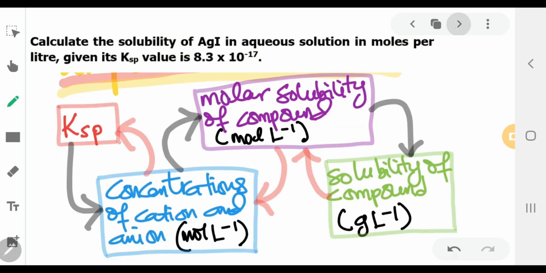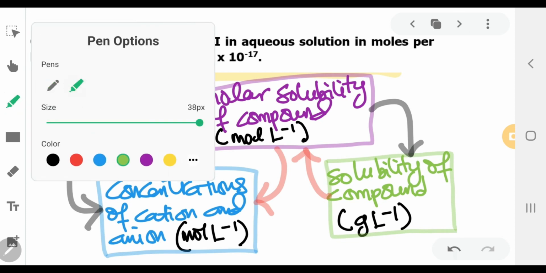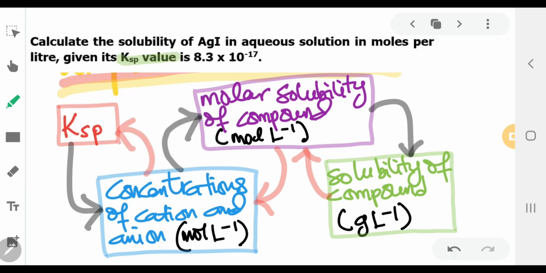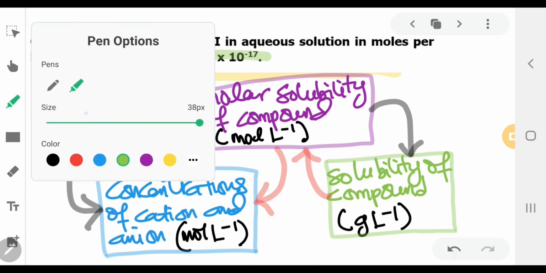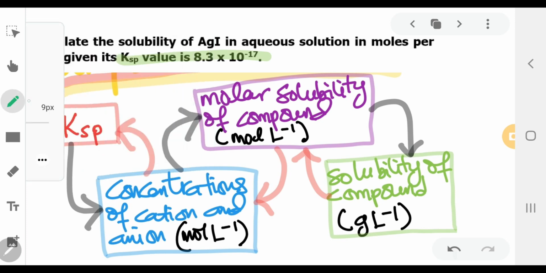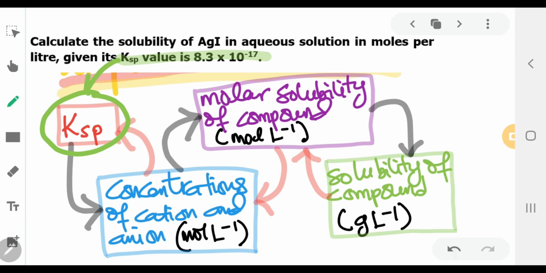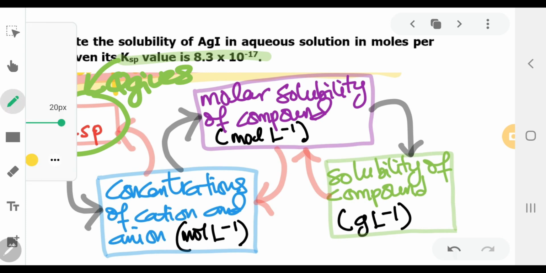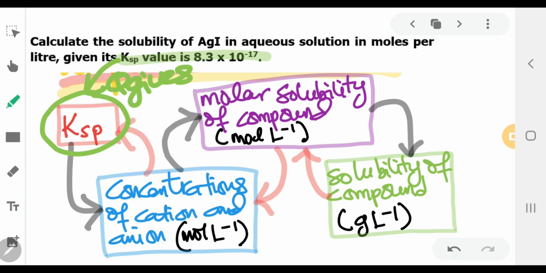If we relate that with the flowchart that we have done just now, the question gives KSP. And then the question wants you to find this. This is what the question wants you to find.